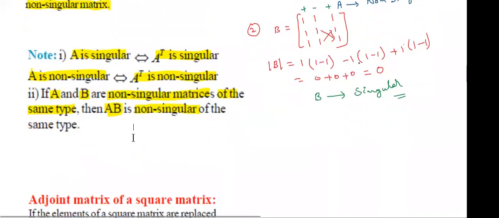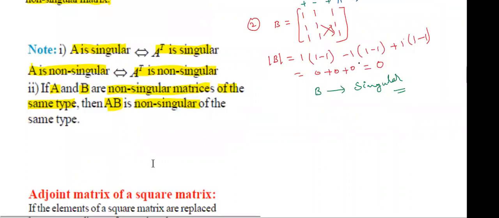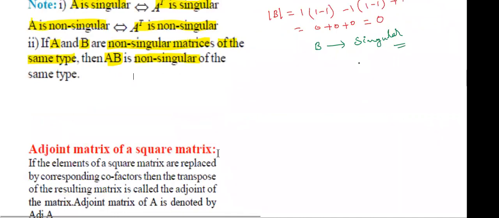Okay, right? Next, I am going to an important concept, that is adjoint matrix. Adjoint matrix of a square matrix: if the elements of a square matrix are replaced by corresponding cofactors, then the transpose of the resulting matrix is called the adjoint of the matrix.